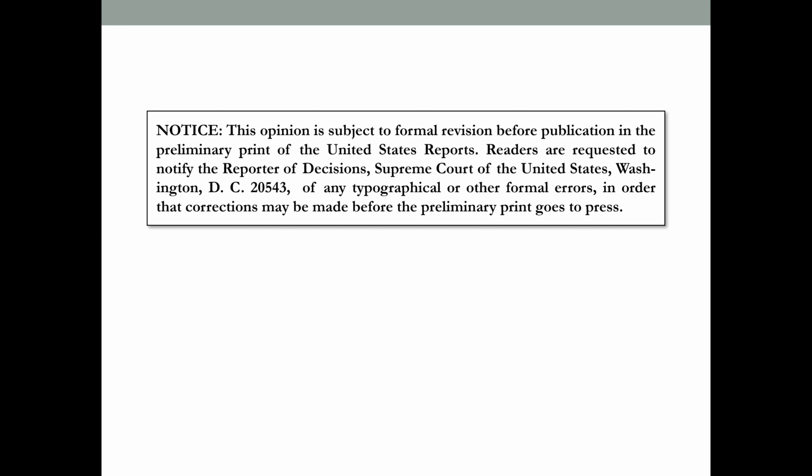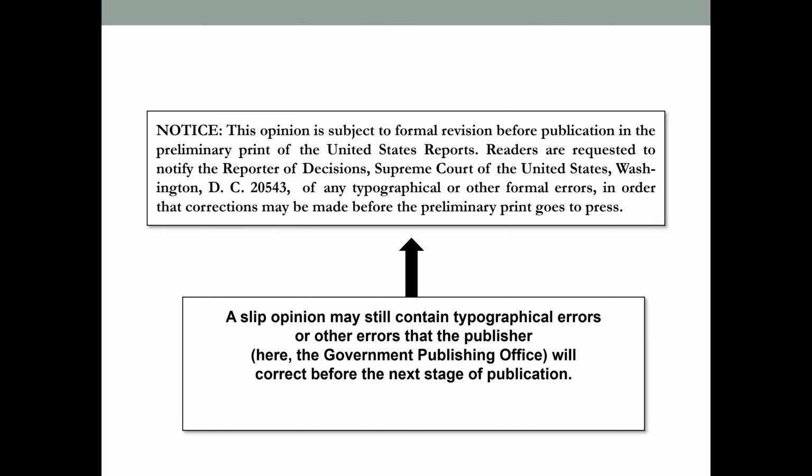First off, it's telling us that even though this is one of the stages of the publication of the opinion, it is not the final stage. In fact, it's telling us that the opinion could still be revised. There may be typographical errors. There may be other formal errors, that is, not substantive errors.